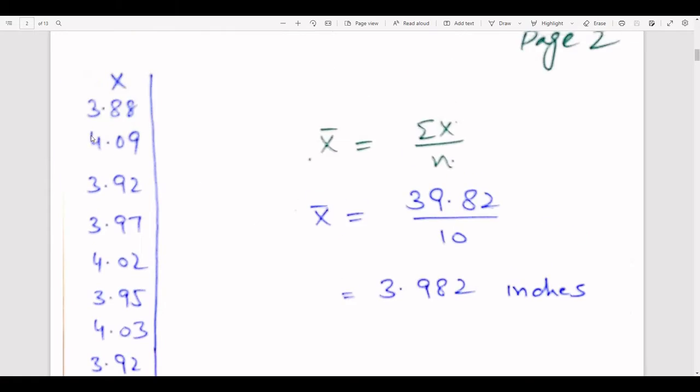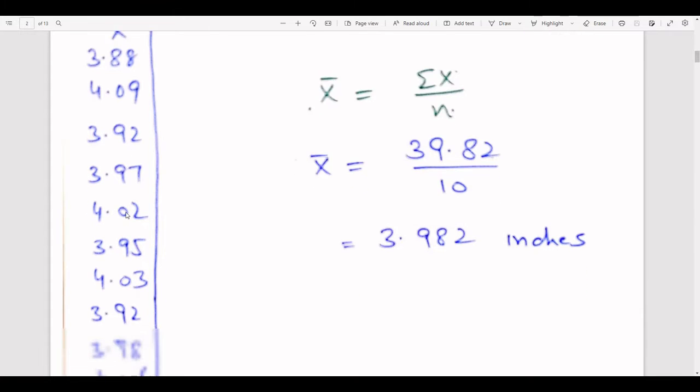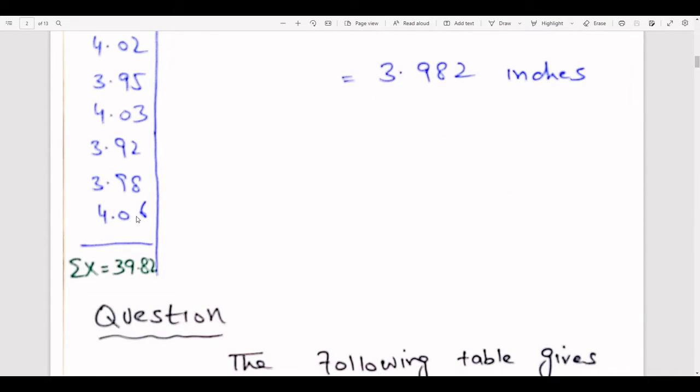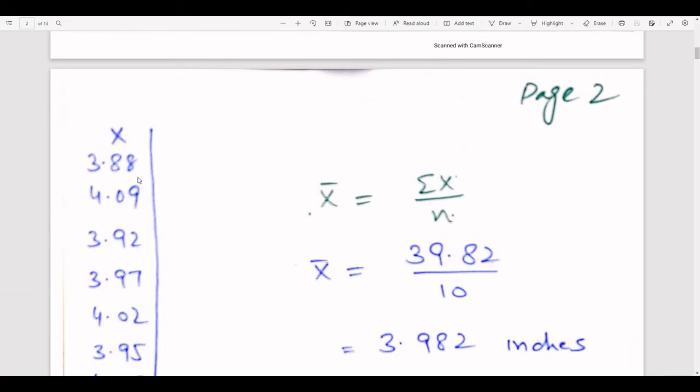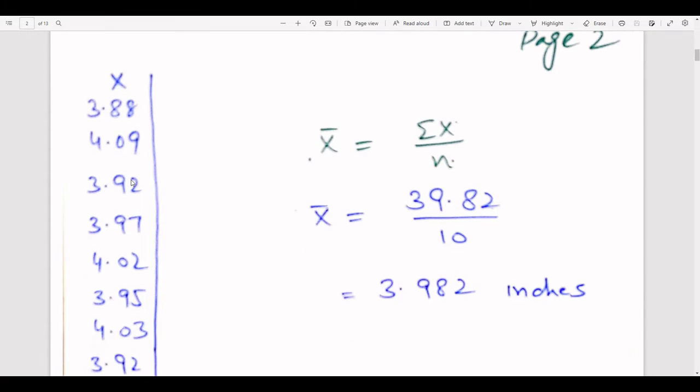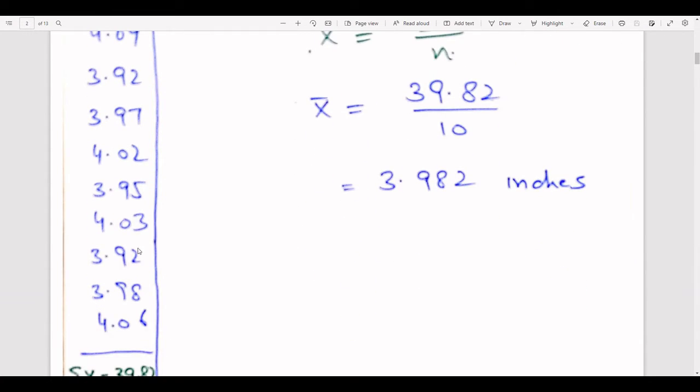Here I assign x, and the values are 3.88, 4.09, 3.92, so on, 4.06. Here n is 10. These are 10 observations: 1, 2, 3, 4, 5, 6, 7, 8, 9, 10.